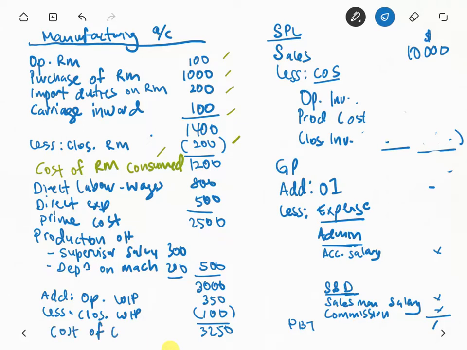Cost of goods manufactured. Means to produce my tables and chairs today, I incurred 3,250: material cost, labor cost, overhead, add up.